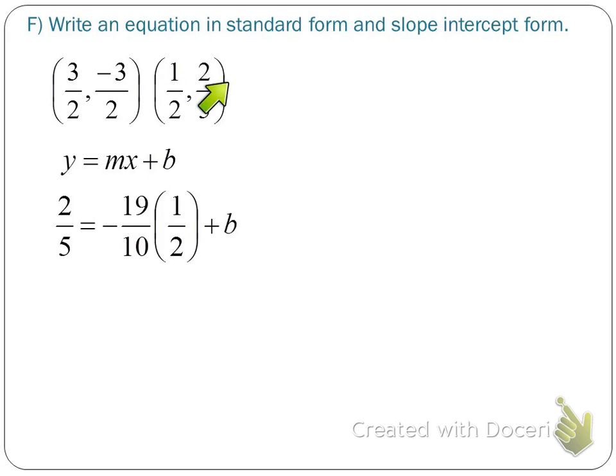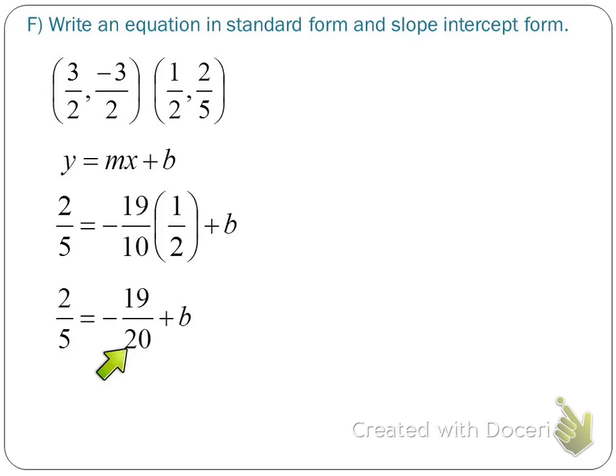So I plugged in this for X and Y, -19/10 for the M. So Y equals MX plus B. We multiply 19 and 1, we get 19. 10 and 2, we get 20. Then what?